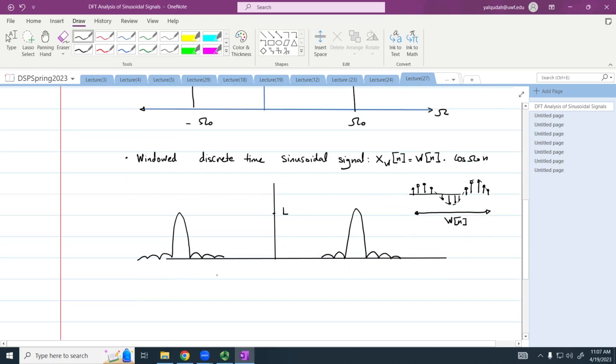Now, assuming we have a rectangular pulse, then this width is going to equal 4 pi divided by L for a rectangular pulse.